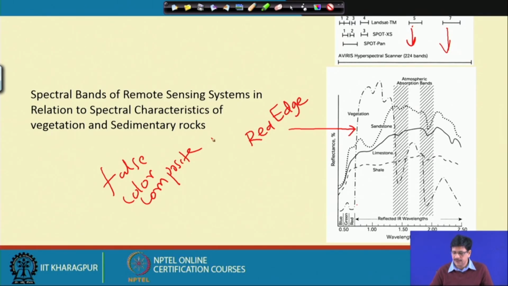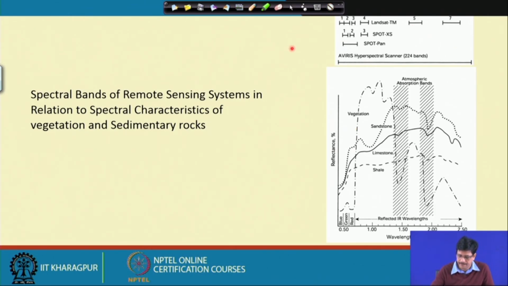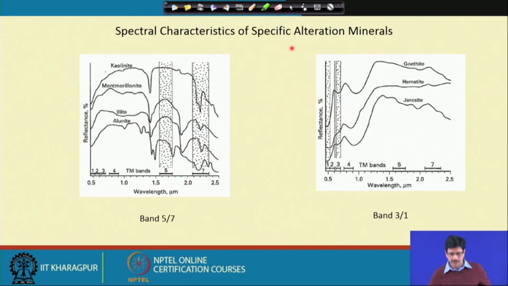So, more important than that is analyzing the spectral data in such kind of discrete bands and see how they could be useful for us. Here we could see very clearly some of the interesting features. For example, kaolinite is a very common mineral in an argillic alteration zone in many of the hydrothermal mineralizations, for example, porphyry copper.